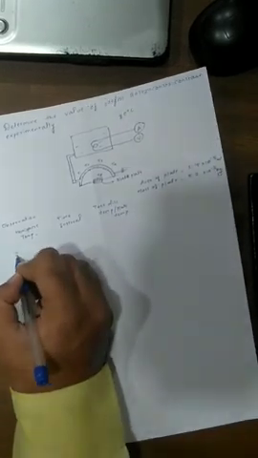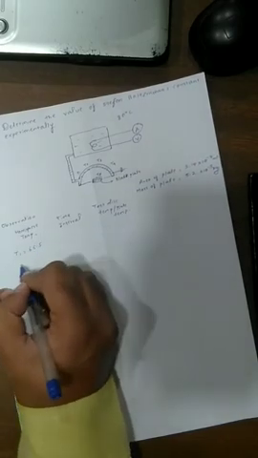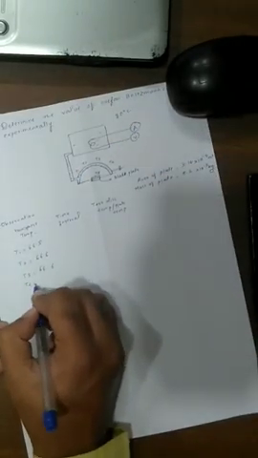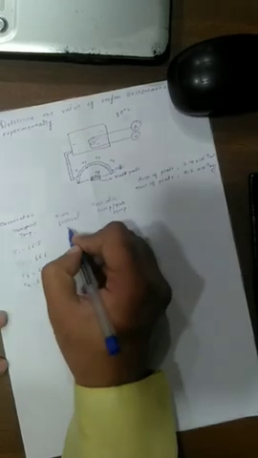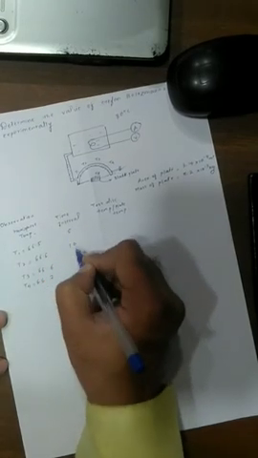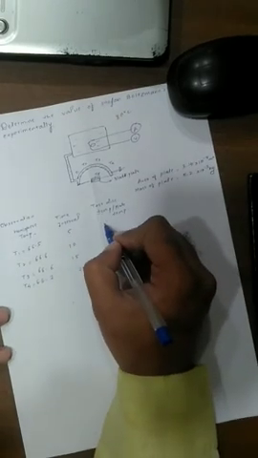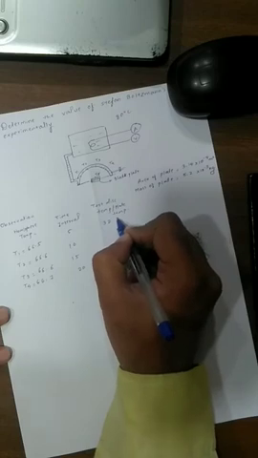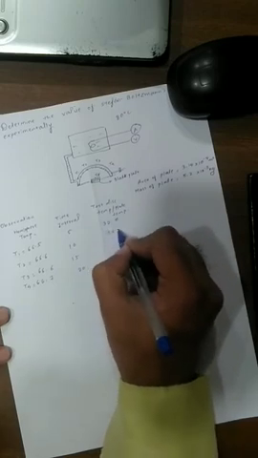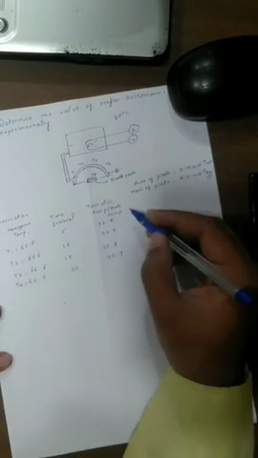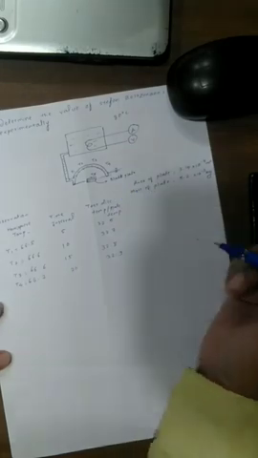Here we have recorded T1 equal to 66.5, T2 equal to 66.6, T3 equal to 66.6, T4 equal to 66.7, and the time intervals are 5, 10, 15 and 20 seconds. The temperature recorded for the disk was 32.5, then 32.7, then 32.8 and then 32.9. So as you can see, the temperature of this plate is increasing.